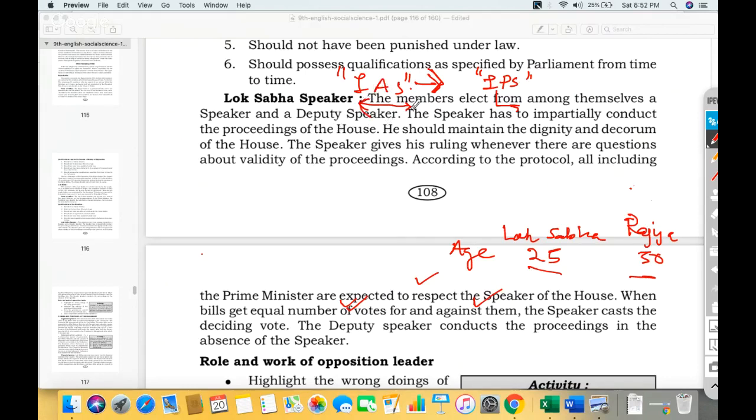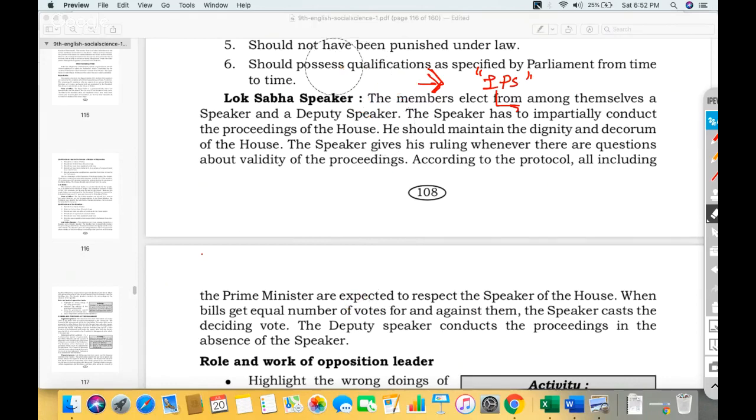If they are not leaving the job, they cannot contest any election. And similarly, the other criteria are that one should not have been punished under law, and should possess qualifications as specified by parliament from time to time. So that is one thing.